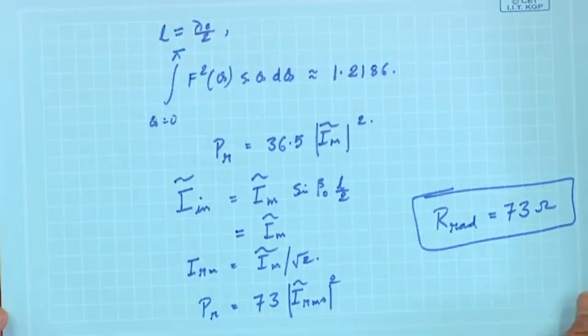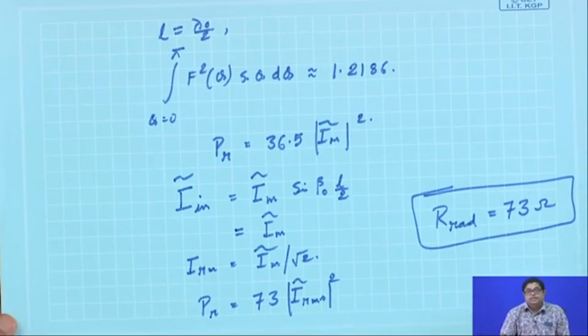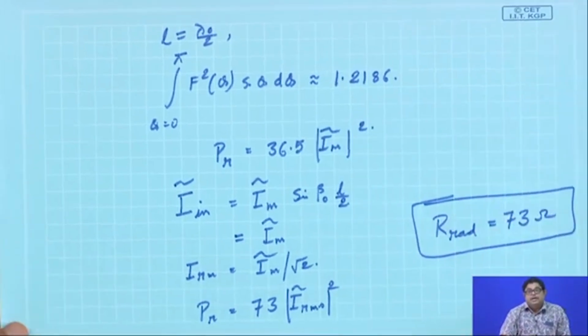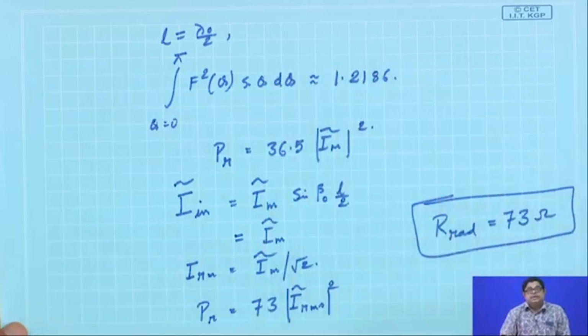That is why the half wave dipole is quite a good antenna. As far as its radiation is concerned, it can radiate a good amount of power. We will see its other properties in the next class. Thank you.